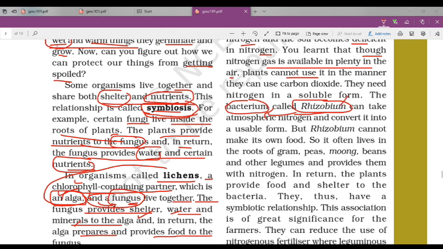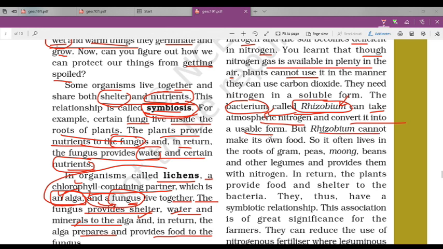Rhizobium has the ability to fix atmospheric nitrogen into nitrogenous compounds. So rhizobium can take atmospheric nitrogen and convert it into a usable form, the form which the plant can absorb.